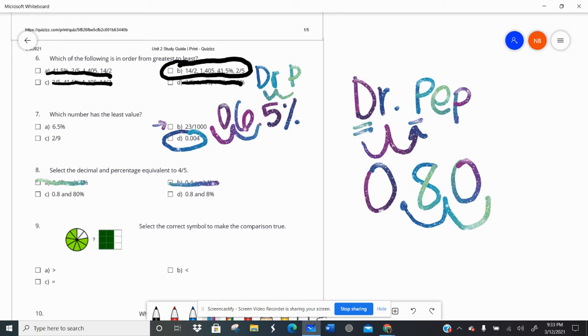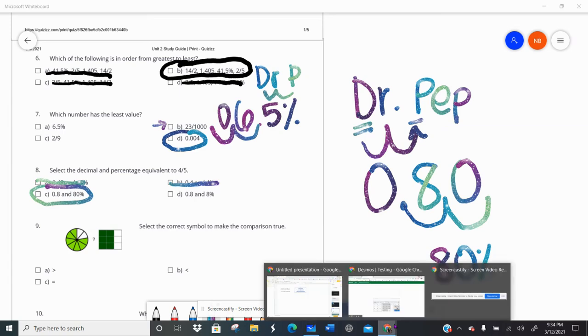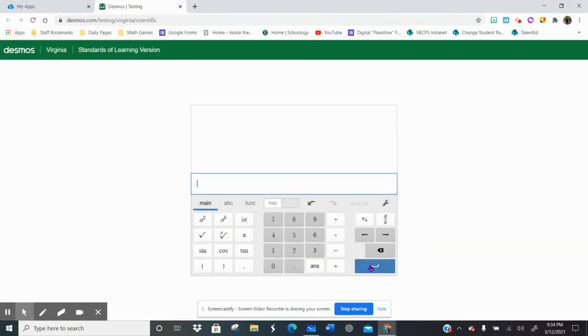I have to add that 0 and then add my percent sign. So 80%, right? It's the same as multiplying by 100. So again, if I have my calculator and I have 0.8, remember, percent means out of 100. I take my decimal times 100. 80%.